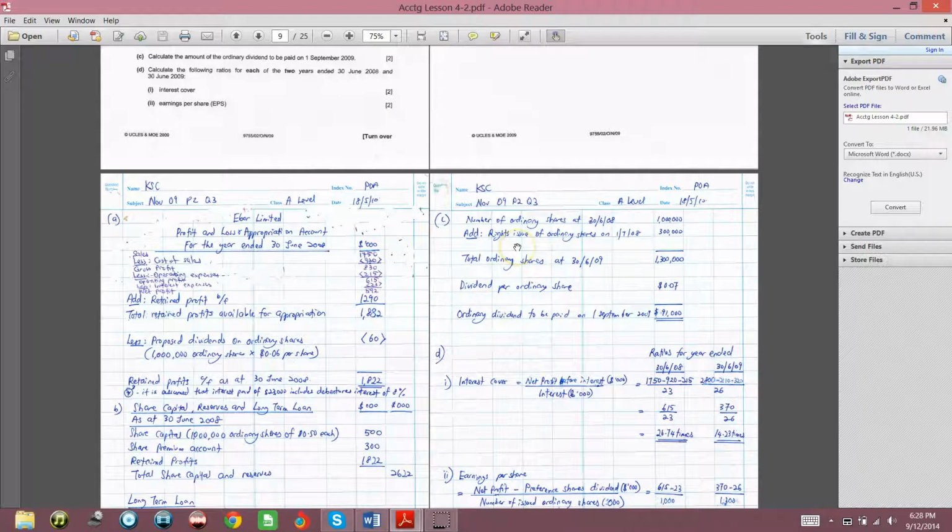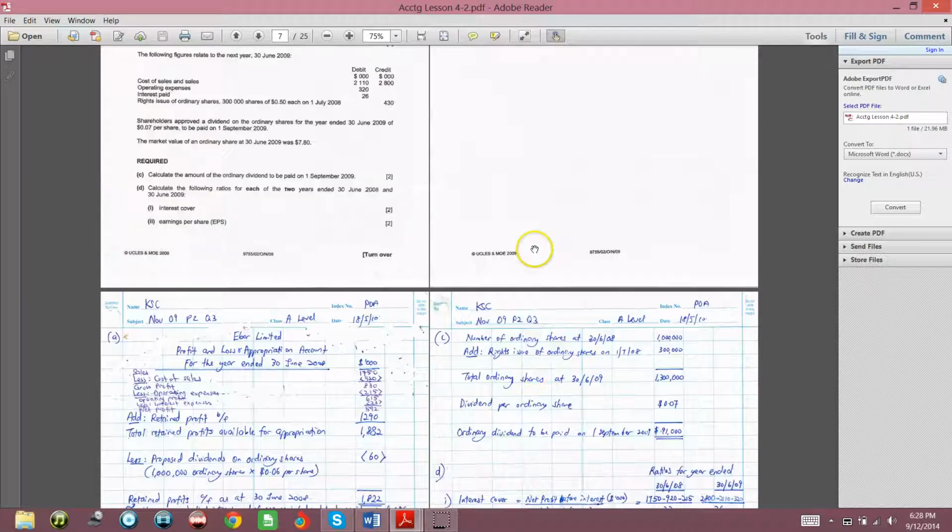Then it says in the question, rights issue of ordinary shares, 300,000 shares of 50 cents each on 1 July 2008. So there's a rights issue of 300,000 ordinary shares.